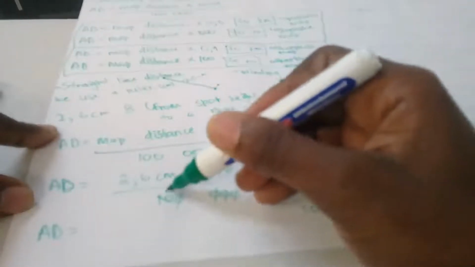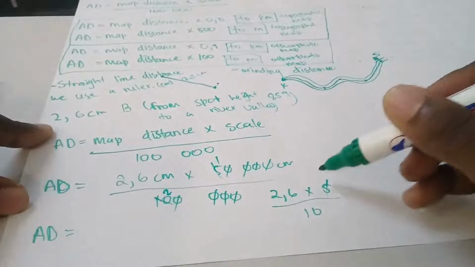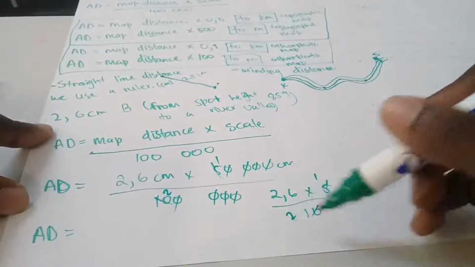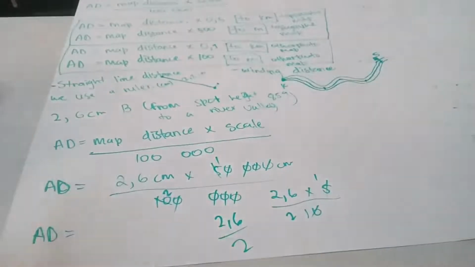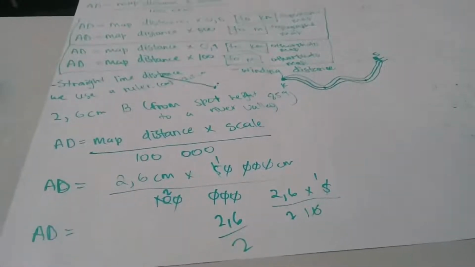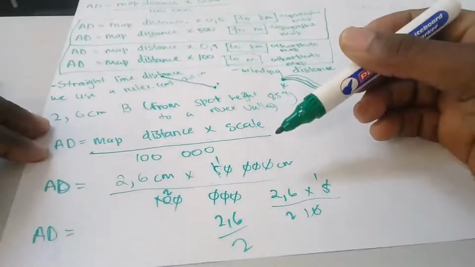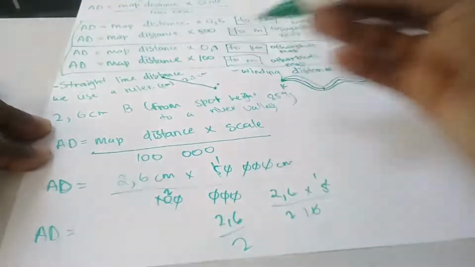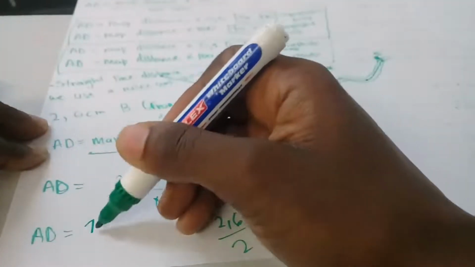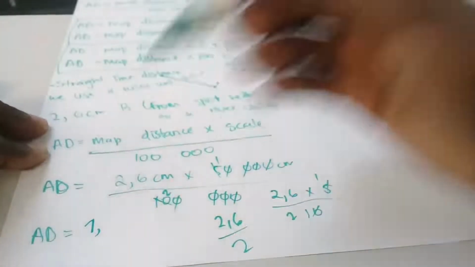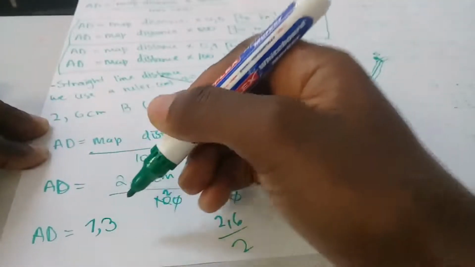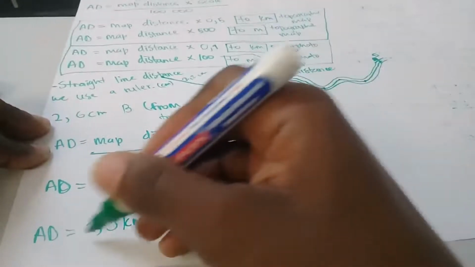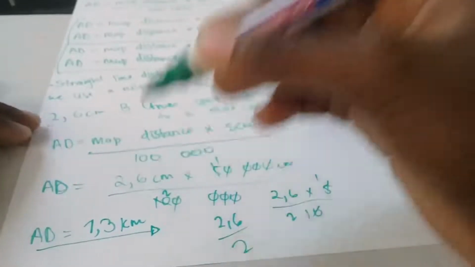How many 5s here? 2. How many 5s here? 1. How many 5s here? 2. So 2.6 divided by 2. That is the same thing. So by using your calculator, we come out with 1.3 kilometers. That's your actual distance.